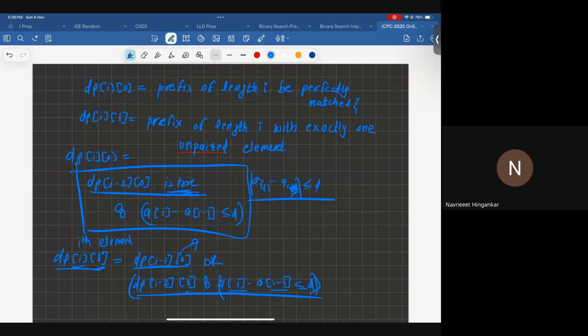D is fixed here, and we are at some index, so array of i is also fixed. Using binary search, somehow we need to find the other element satisfying the condition of D minus array of i or D plus array of i. That's why we are choosing the greedy approach.